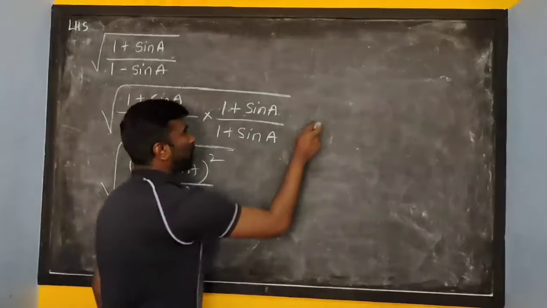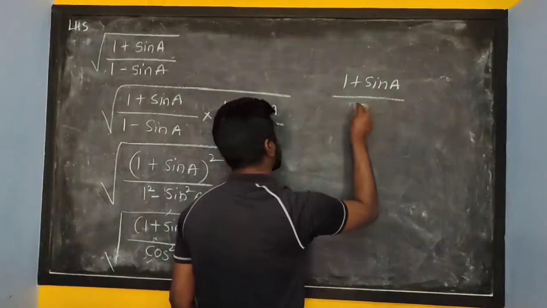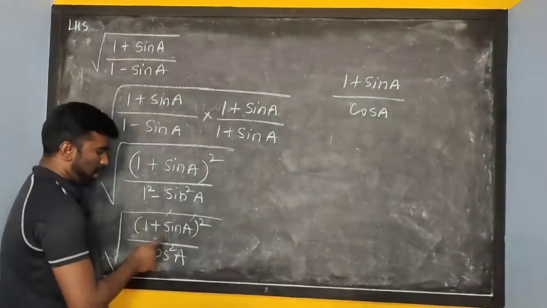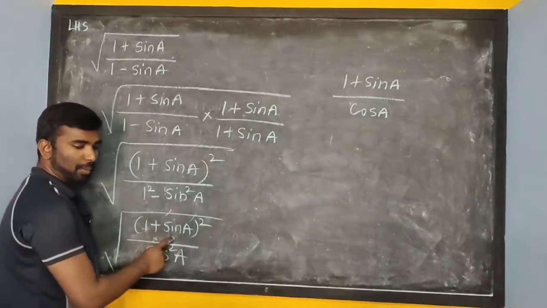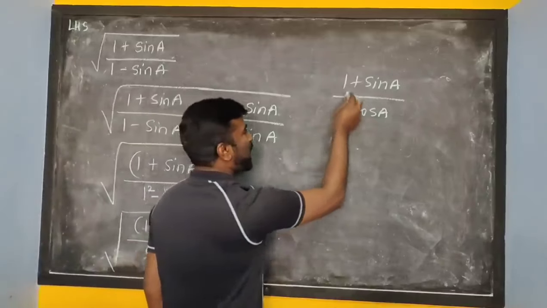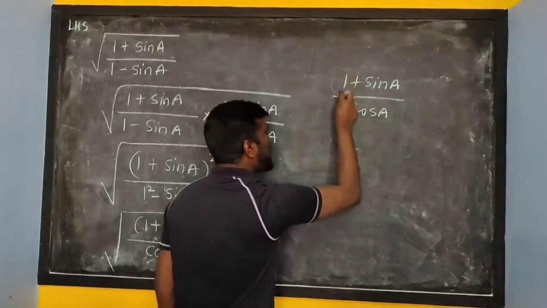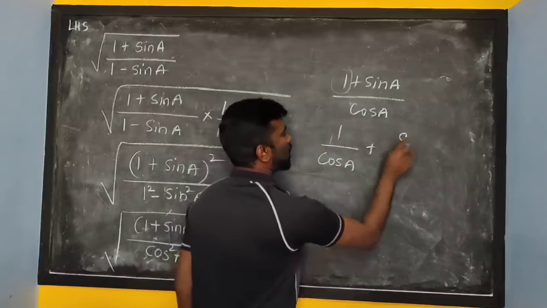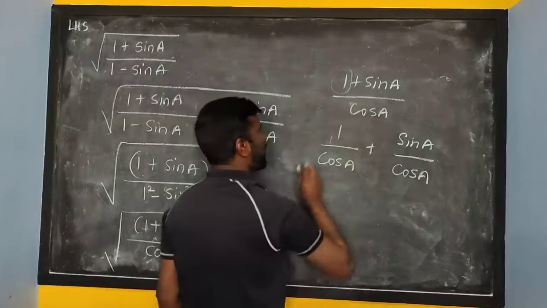What I get is 1 plus sin A divided by cos A. Here square and square root have cancelled out. What is the remaining term? 1 plus sin A divided by cos A. Now in the numerator we have 1 plus sin A, divide each term by cos A, that is 1 by cos A plus sin A by cos A. Why should I divide it?